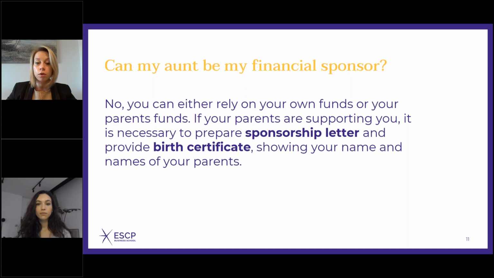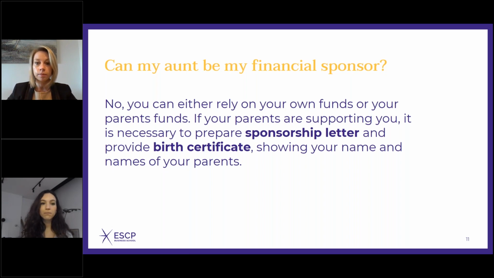If you are sponsored by your parents or legal guardians, you will need to provide either a birth certificate, or an adoption certificate if we're talking about legal guardians, and the sponsorship letter from them saying that they're happy for you to use a certain amount of money. And of course the financial evidence will need to be signed off by your parents, for example, if they're sponsoring you.